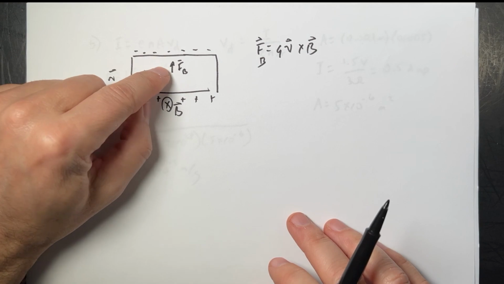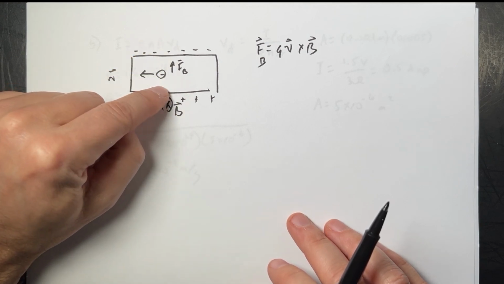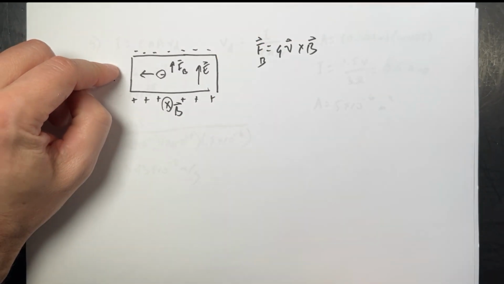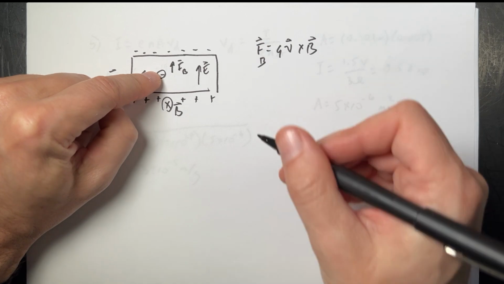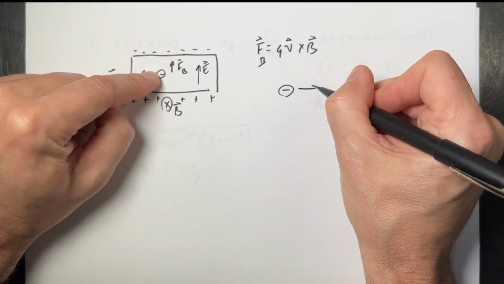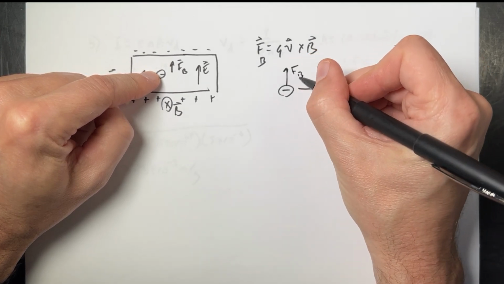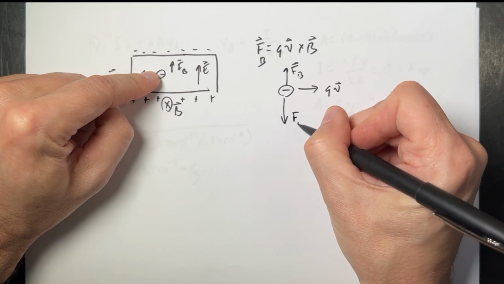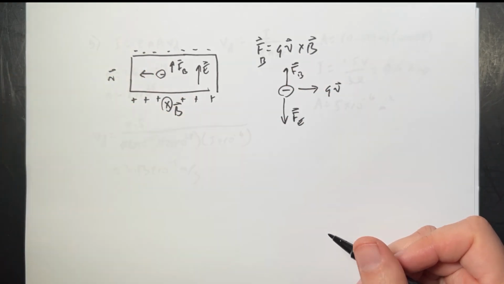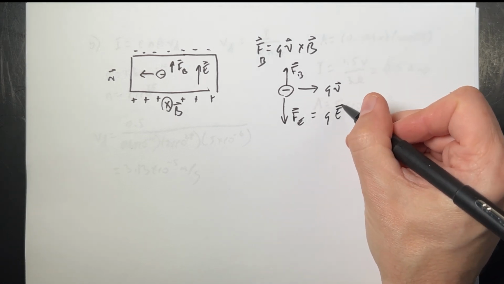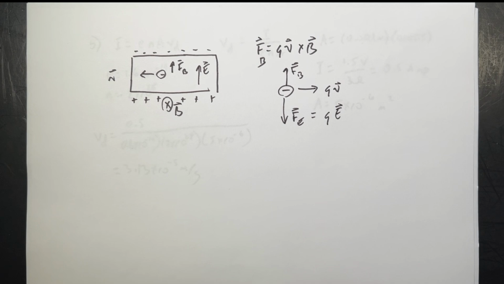Now those charges will continue to accumulate and create an electric field this way until the electric force on this charge, so here's QV, here's FB, here's FE. So these two forces are going to be the same, and FE is Q times E. So we don't have to use vectors here because everything's in opposite directions.